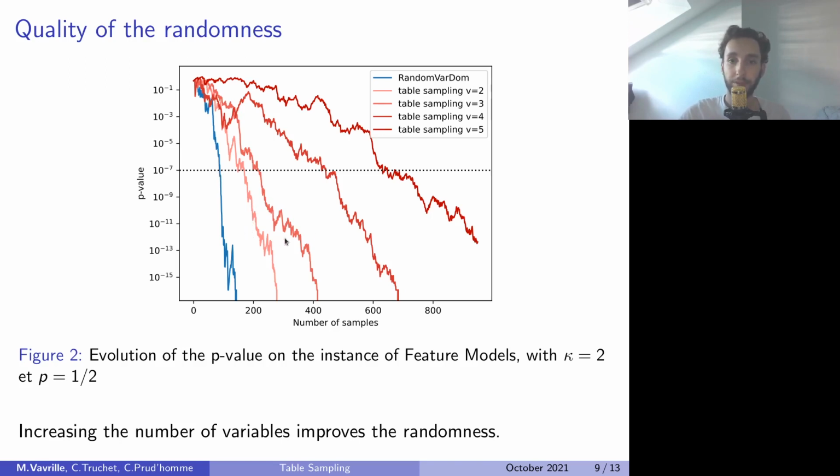What we can also see on this graph is that as we increase the number of variables, you improve the randomness, because for 2 variables you can do 200 samples, and for the same distance to the uniform you can do 600 samples with 5 variables in the tables. So here it was on the feature models problem with kappa equals 2 and p equals 1/2. So it shows that increasing the number of variables improves the randomness.